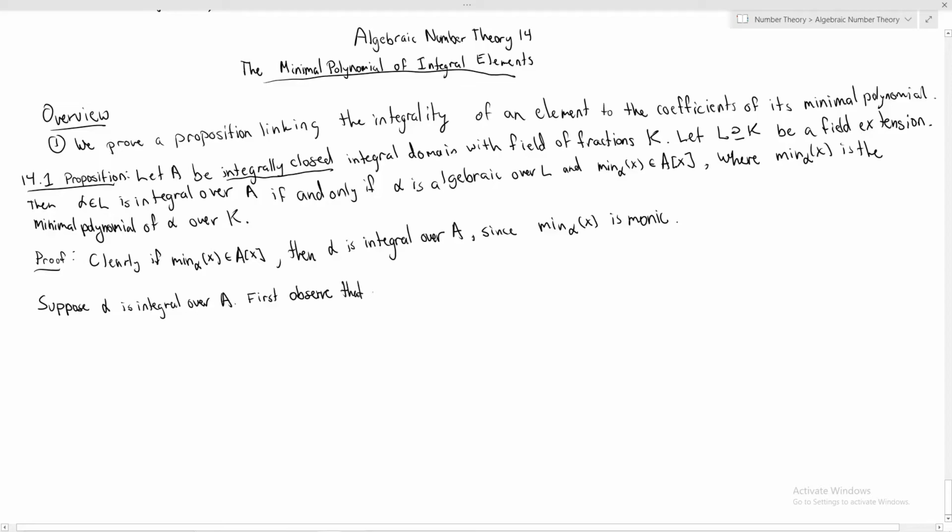Okay, first observe that if alpha prime is another root of, let's say, min_alpha(x), then I want to say alpha prime is also integral over A.